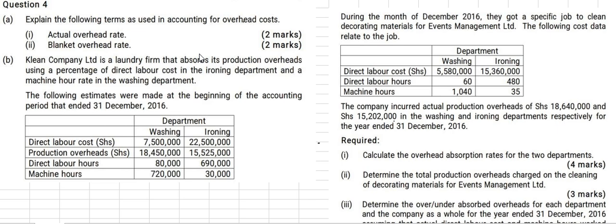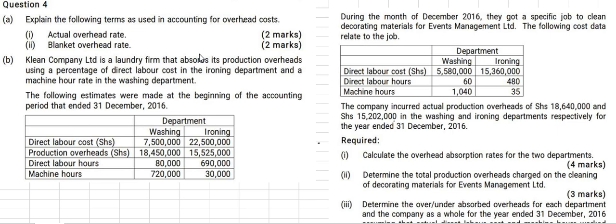Being that it is predetermined, it is calculated by dividing the estimated total overhead costs for the period by the estimated total amount of the allocation base. The allocation base can be direct labor hours, it can be machine hours, or direct materials costs, and so on, because we have different allocation bases which we can use when it comes to absorbing these overheads.